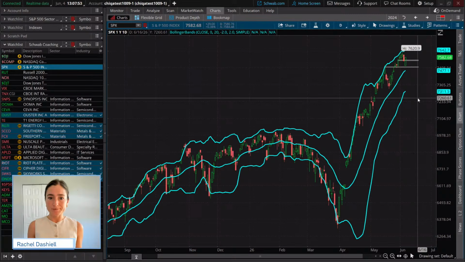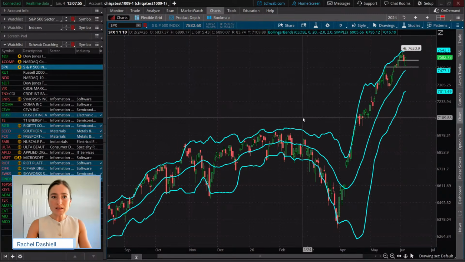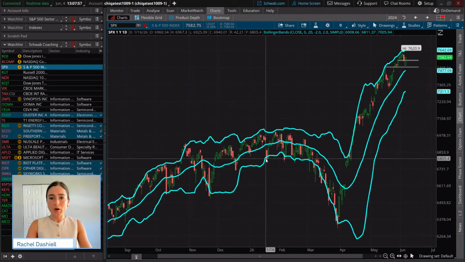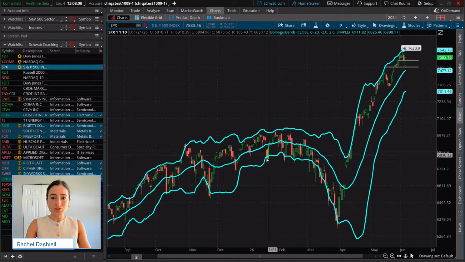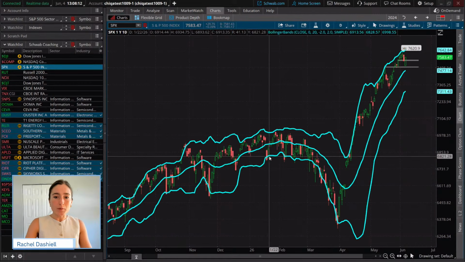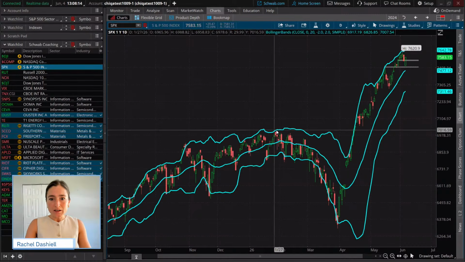So one example of that is with the S&P 500, where a mean reversion trader may have had a little bit more of an edge in this type of market. A mean reversion trader would have taken an entry right here with a bounce off of that lower band and taken an exit right here with a bounce off of that upper band.